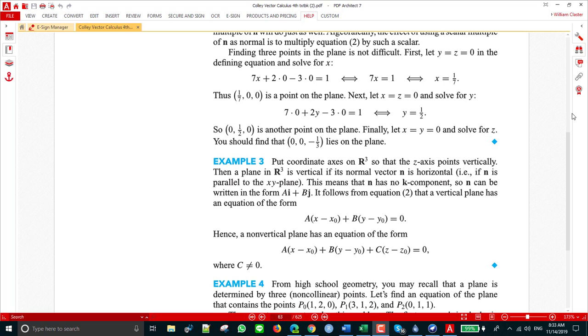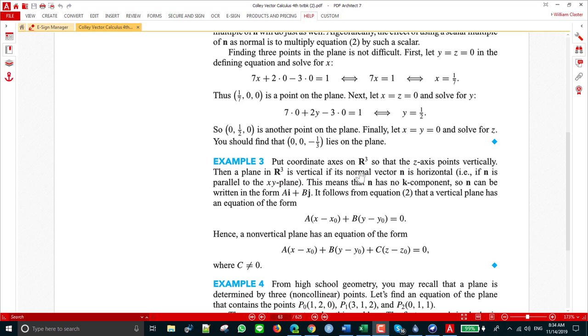Okay, let's try this one. So they're going to define what they mean by a plane being vertical, in R3. What does it mean that a plane is vertical as opposed to horizontal?